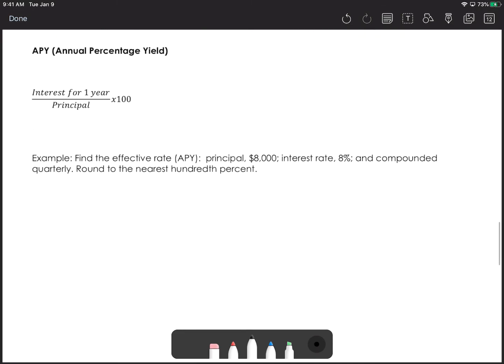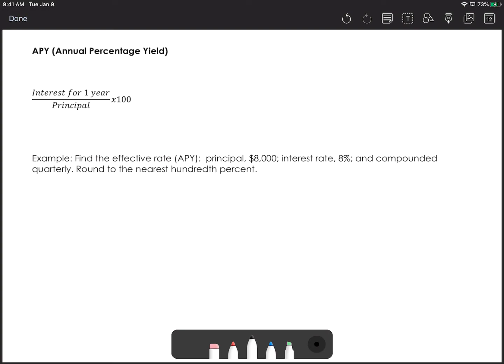Okay, the last example I want to go through with you is how to calculate your APY, which is your annual percentage yield. Now, your annual percentage yield is going to be how much percent-wise of the principal that you earned in interest over the first year.